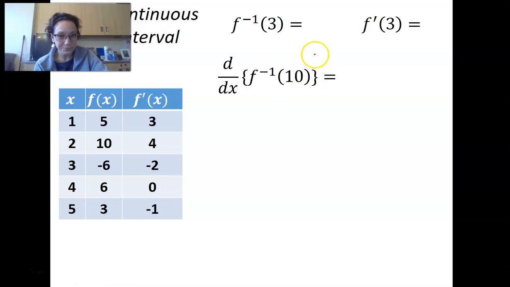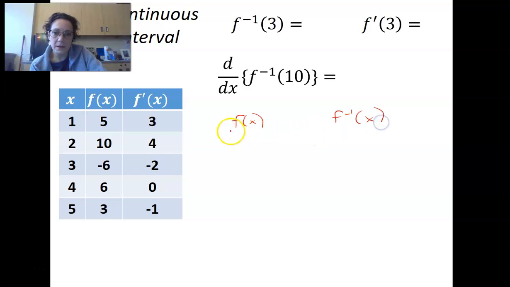All right. Again, let's break this down. I want the derivative of f inverse of 10. So, again, I'm going to write my f of x and my f inverse of x. They want f inverse of 10. So they're telling me that on the inverse, my x value is 10. I don't know my y value.